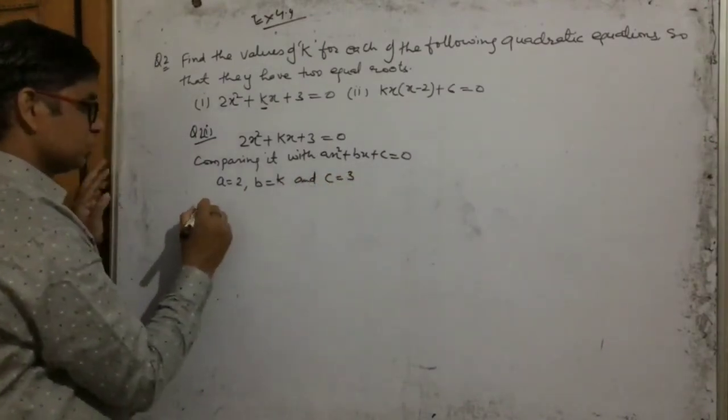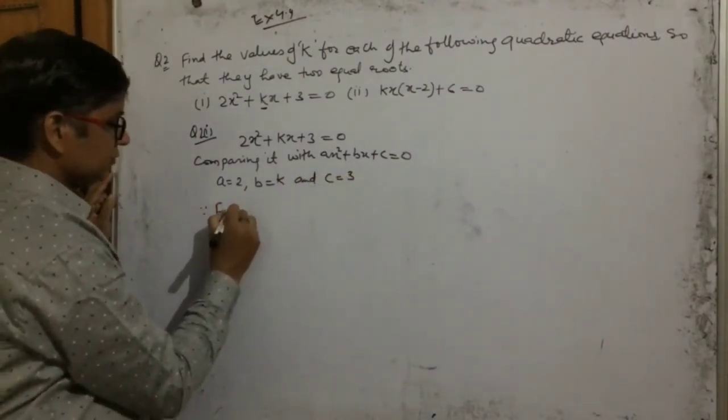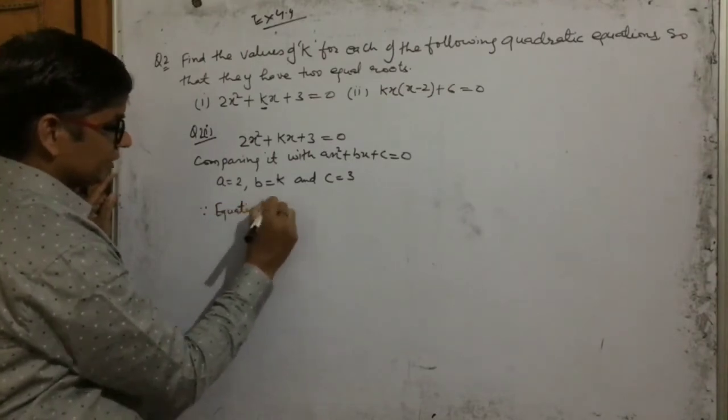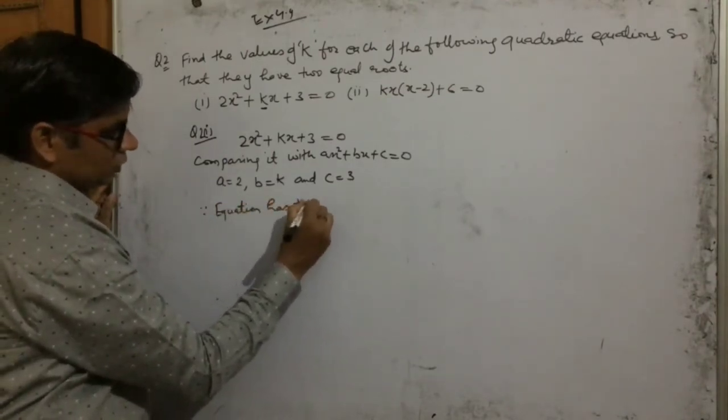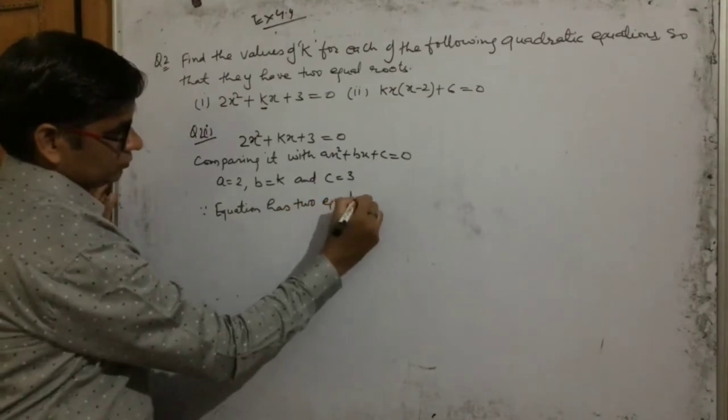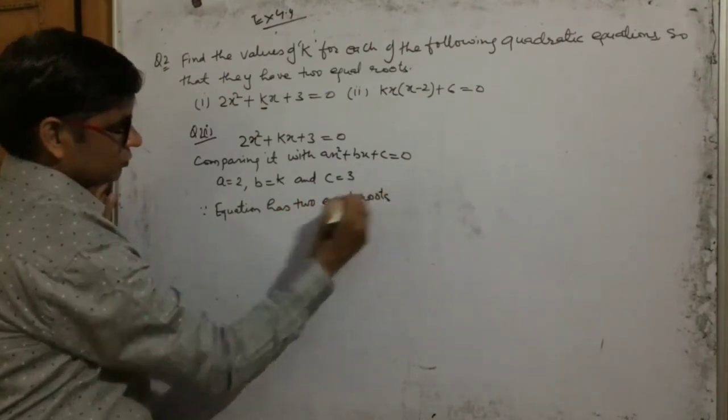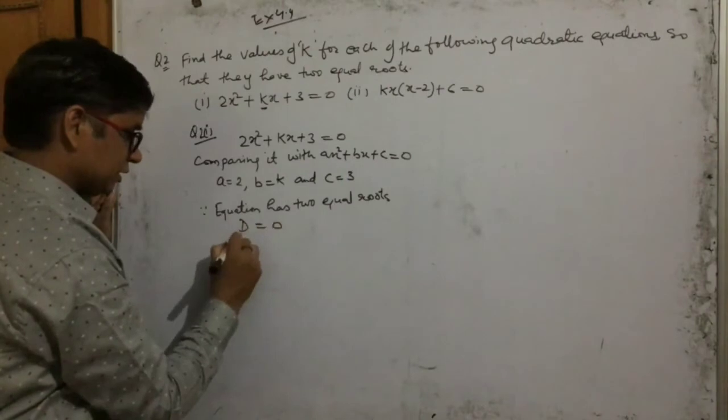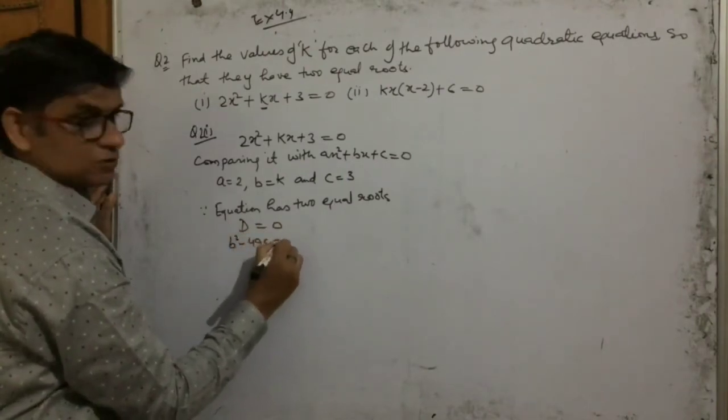Now since the equation has two equal roots, D equals 0, that is b square minus 4ac equals 0.